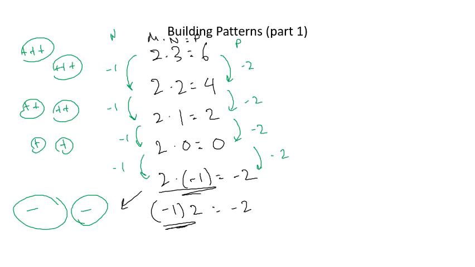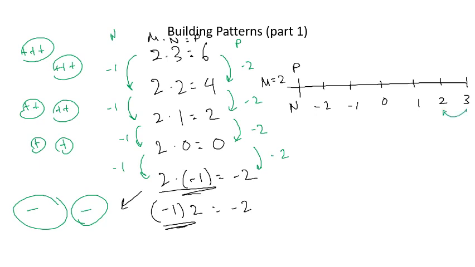Another way of showing this would be with a double-sided number line. And so my m is staying constant at 2. This is my n, and this is my product. So my n has gone from, well, we start with 3, 2, 1, 0, -1, -2. And we see that these n's are decreasing by 1.